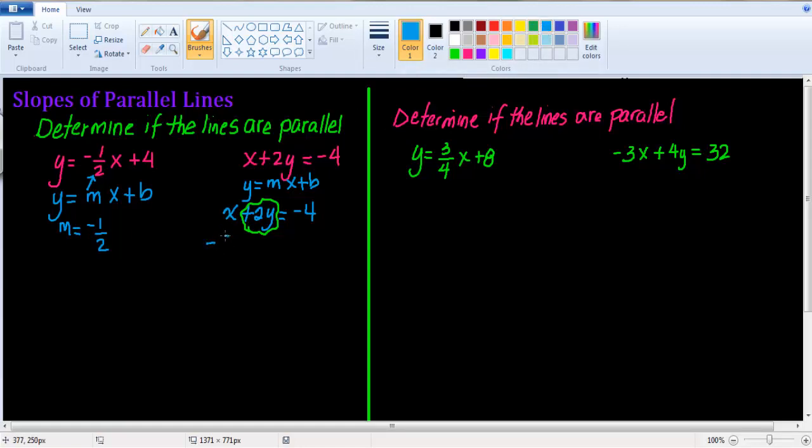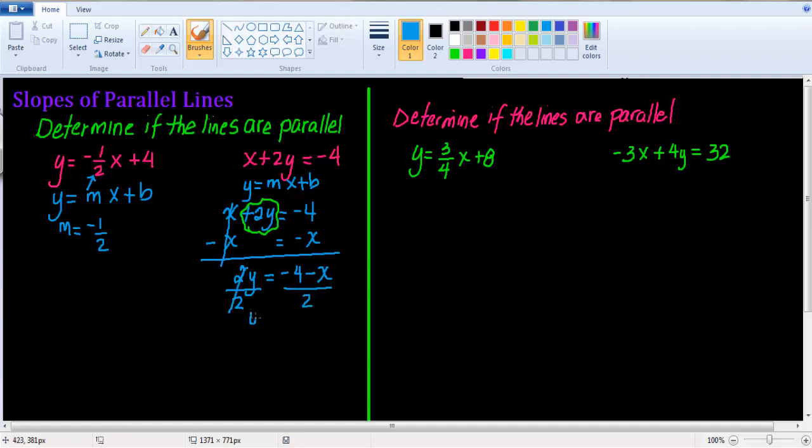You subtract x from this side, and you subtract x from that side, and you are left with 2y on this side equal to -4 minus x. I still have not isolated y. Now I have to divide by 2 so that y is alone. So I divide by 2 on this side, and all of this I divide by 2.